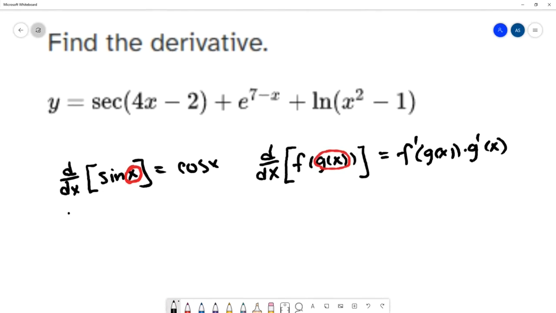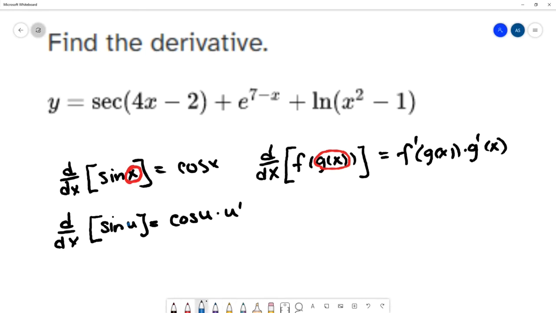Another way to memorize the derivatives is to memorize them with the chain rule already built in. So you could memorize that the derivative of sine u is cosine of u times u prime. And this is a way of writing the derivative with the chain rule built in.